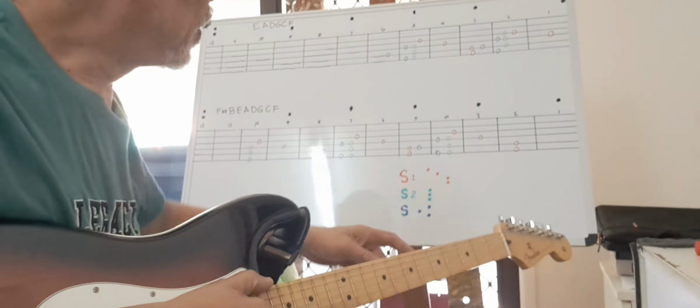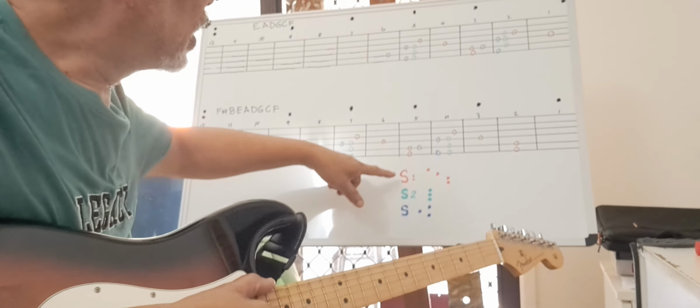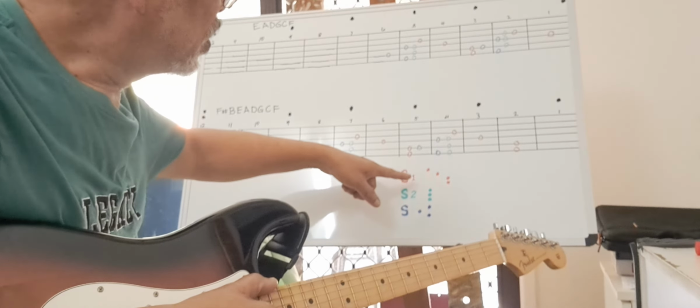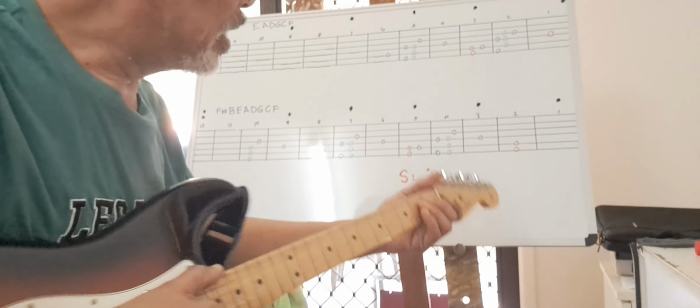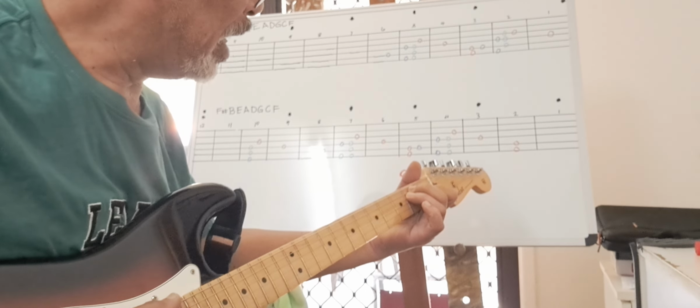So my chord shapes are 1, 2, 3, and the first shape is like that, which is actually an E.